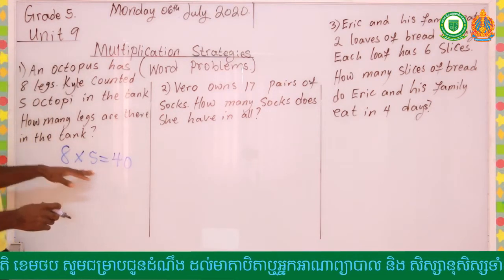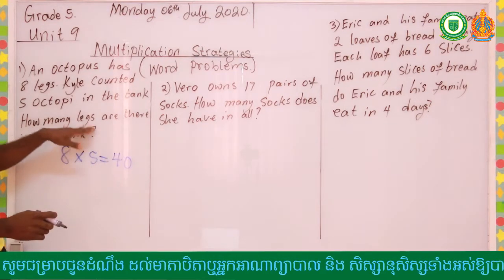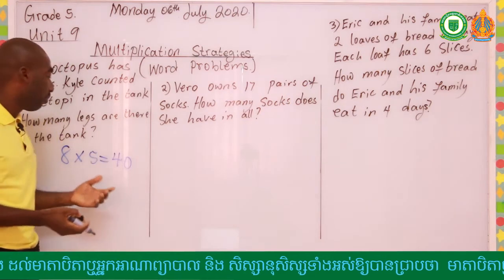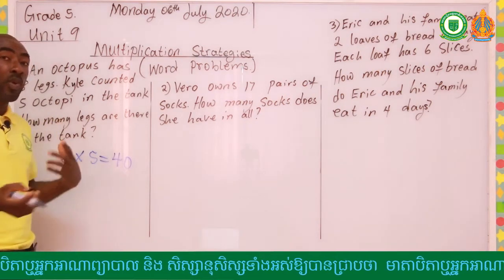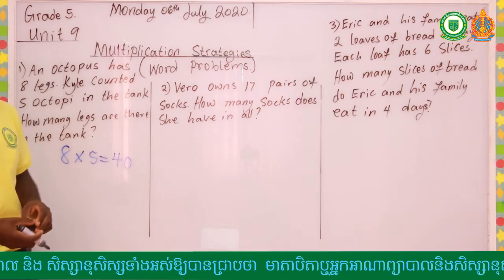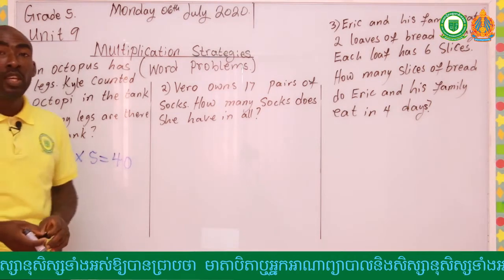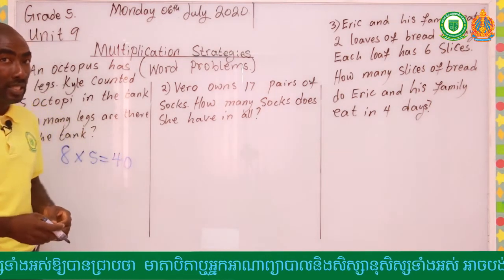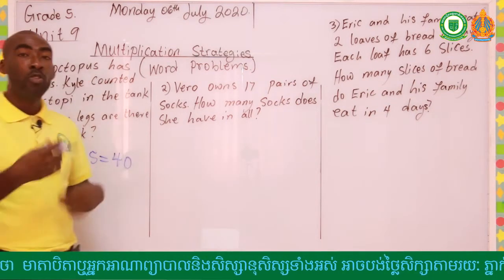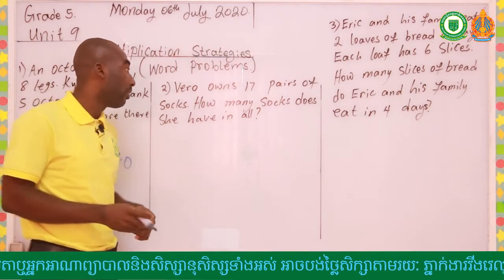So which means that there will be 40 legs in the tank in total. Okay. Because 8, which is for one octopus, and then we count 5 of them, we multiply by 5, and then we have 40 of the legs inside the tank. This looks very simple, but when the figures are more, you know how you can always calculate them.